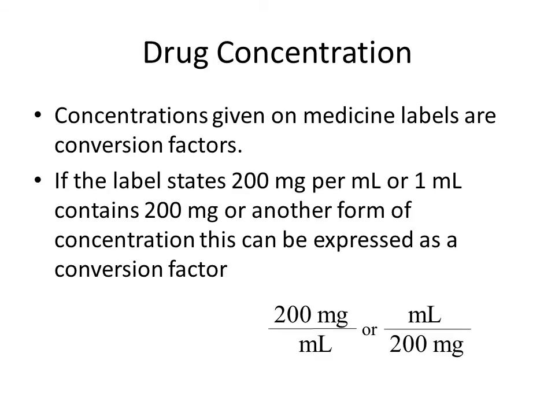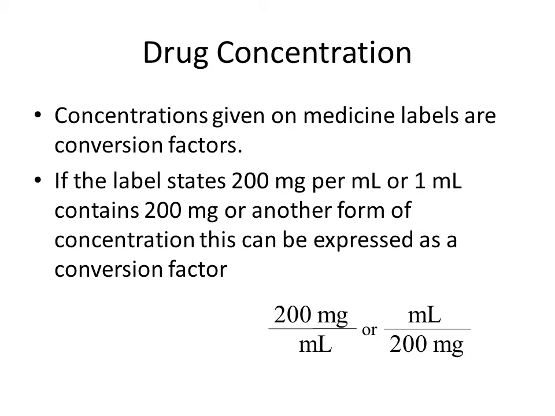Drug concentrations are often given to you in drug conversion problems. The concentration given on medicine labels are conversion factors. For instance, if a label states 200 milligrams per milliliter, that means when you take out 1 milliliter, you have 200 milligrams of the drug in there.